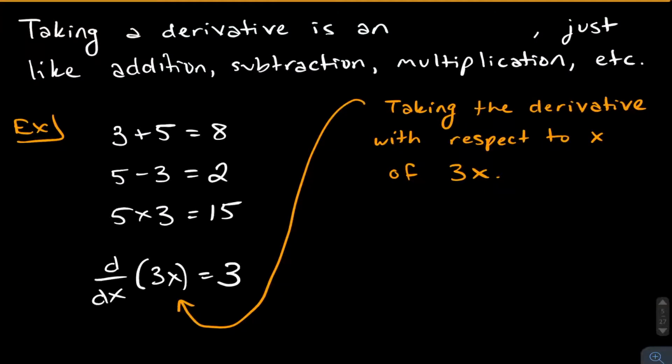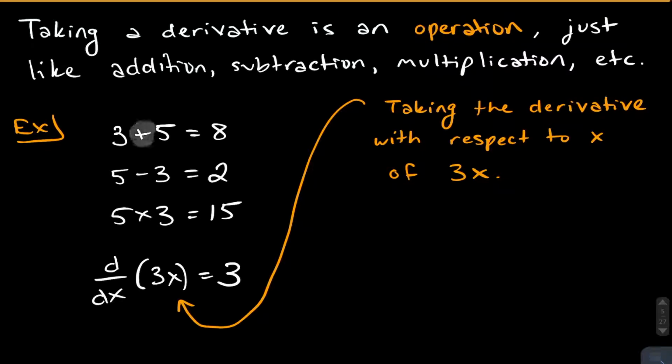Okay, so getting more into that whole operation thing, if you were kind of confused about me mentioning operation, taking a derivative is an operation, just like addition, subtraction, multiplication, things like that. You can see an example of an operation. Addition is an operation, right?